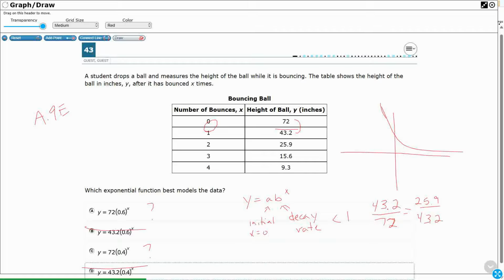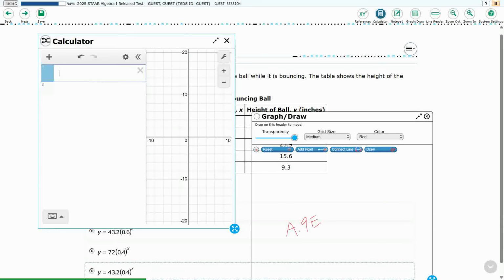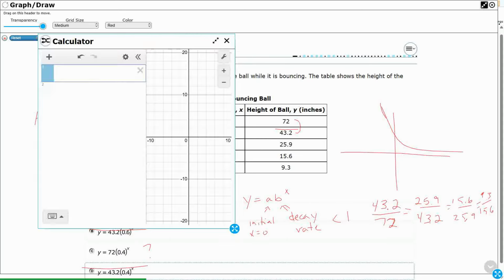I'm taking each term in the y and I am dividing it by its previous term. So 15.6 over 25.9, and then I've got 9.3 over 15.6. Any of those work. So we can get our calculator out. We can just start plugging some of those in.